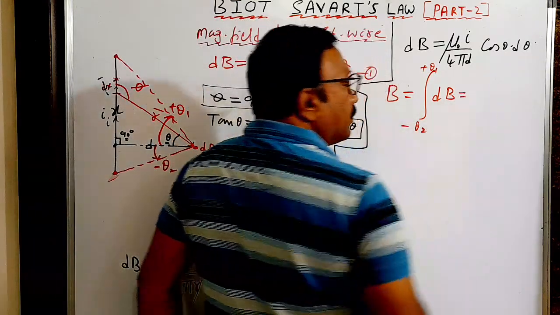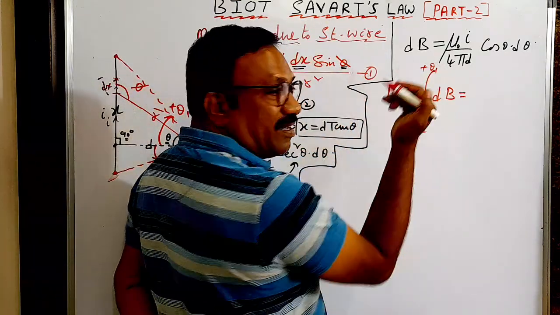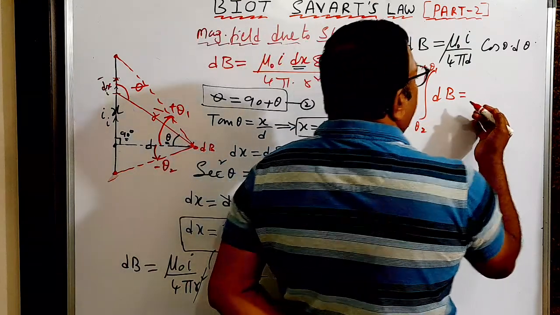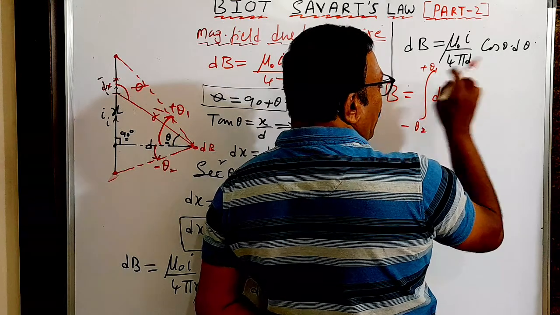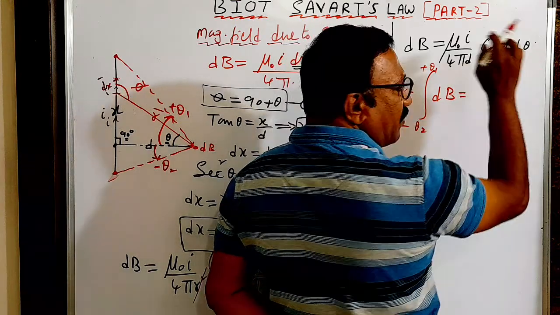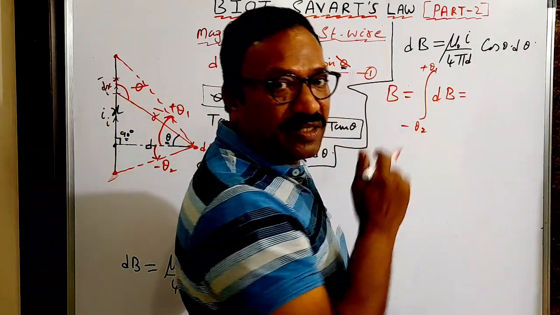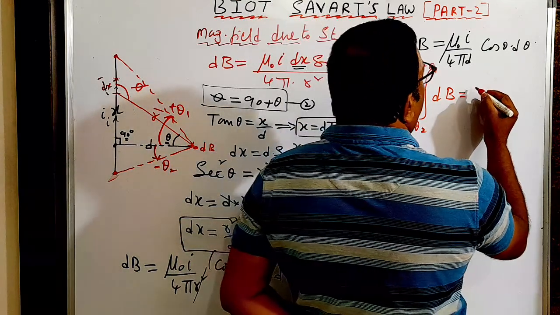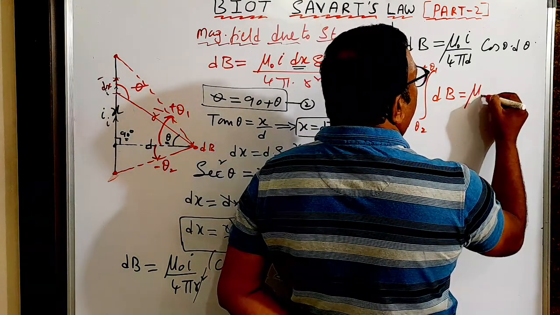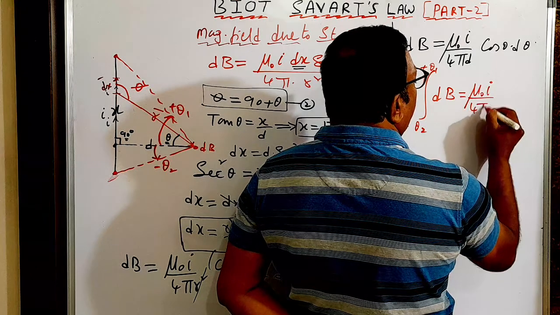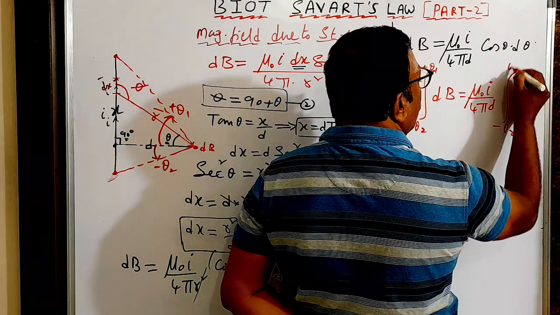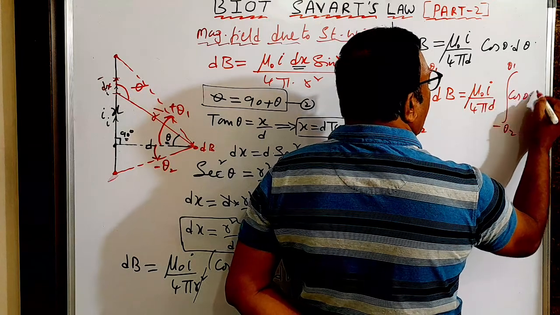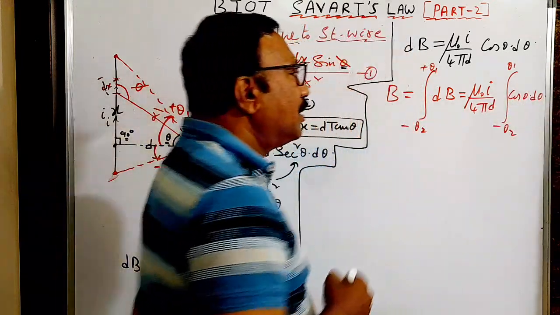So this is equal to, I will substitute dB here right now. Anyhow, mu naught and I and 4 pi d are constant. So the integration is done for only cos theta d theta, because that is the variable here. So I can write it as mu naught I by 4 pi d integral minus theta 2 to theta 1 cos theta d theta.